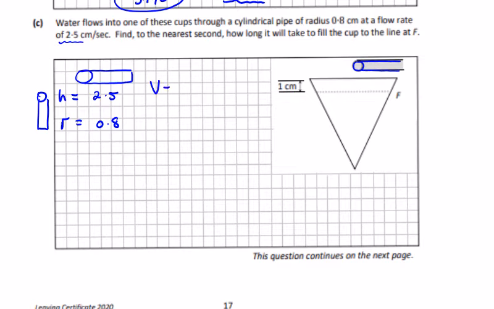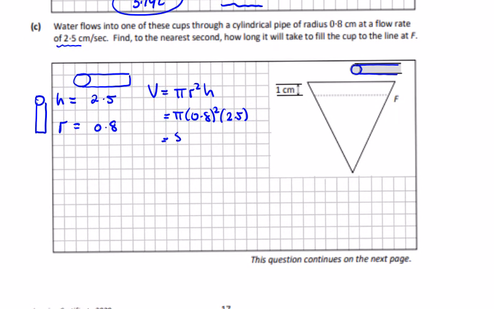So the volume of a cylinder is pi r squared h. So what's going in 1 second is pi by 0.8 squared by 2.5, and that's giving me 5.0265 centimeters cubed.